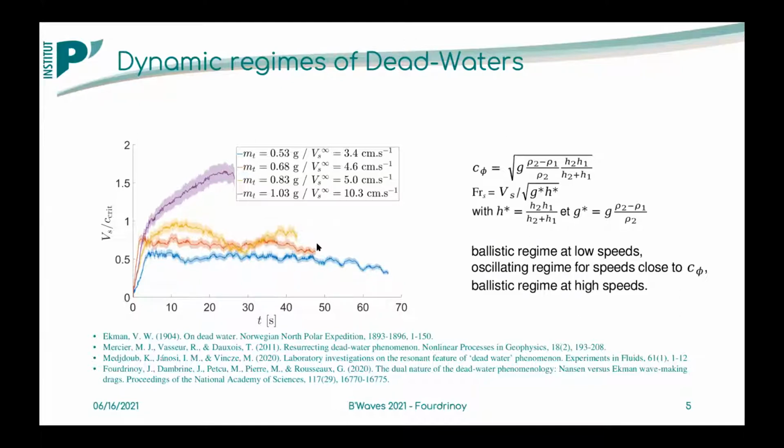And finally, in the last, called the supercritical ballistic regime, the boat reaches an asymptotic speed where the Froude number is greater than 1. It's necessary to use a corrective term in front of the characteristic speed of the internal wave. There is a factor of 0.8 between theory and experiment, a factor which is still unclear, but which is common to other work in the scientific literature, and we are not dealing with this point today.